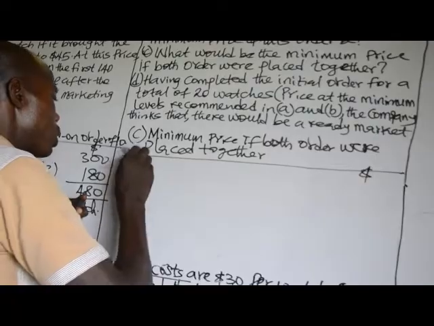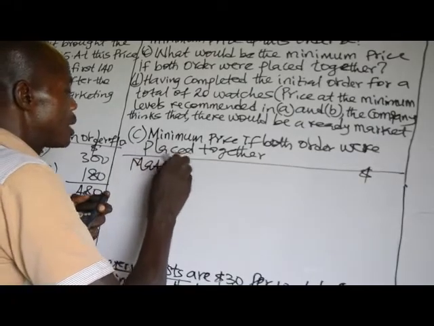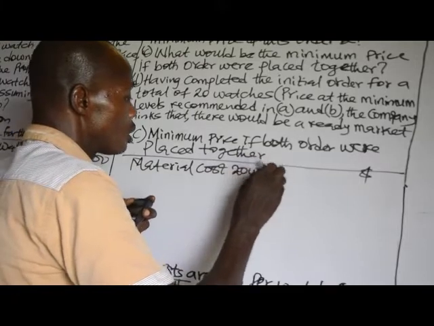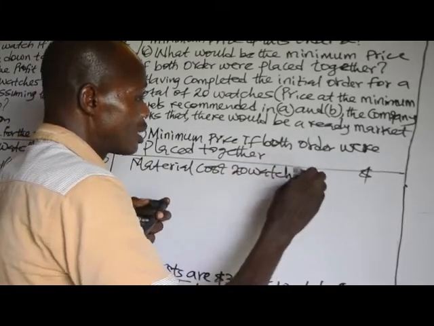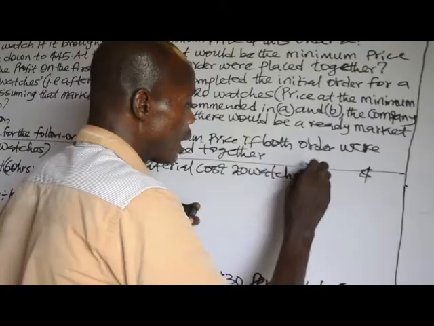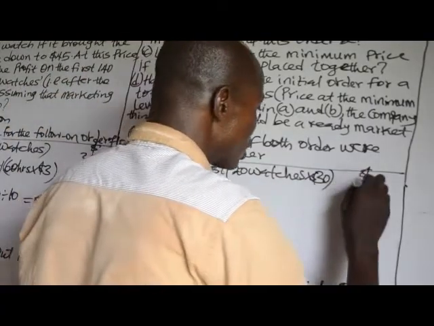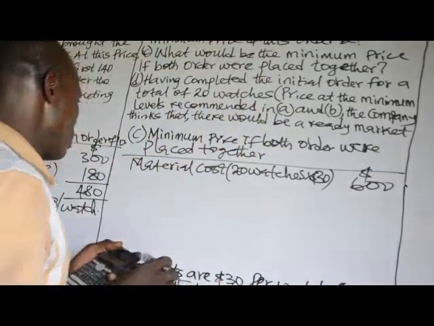So that means the material cost will be 20 washes times the material price of $30 per wash. 20 times 30 will give us $600.